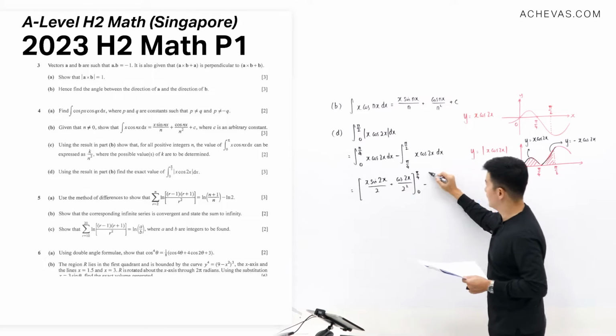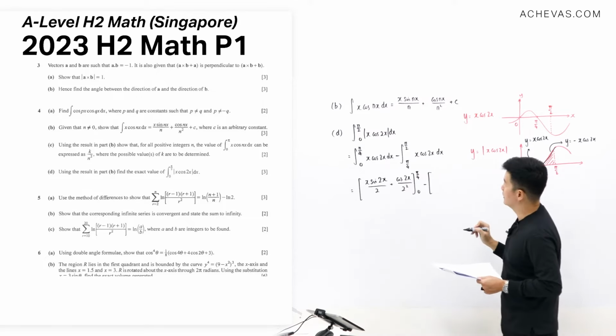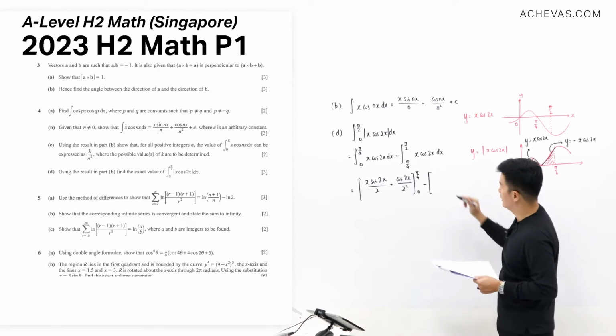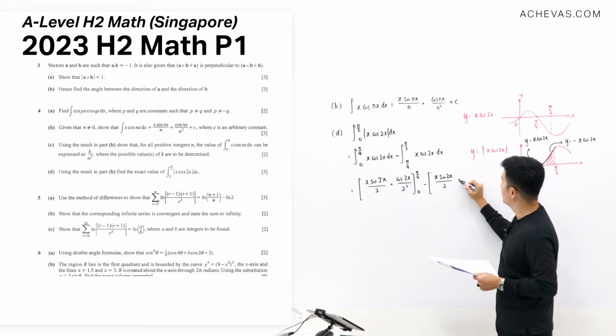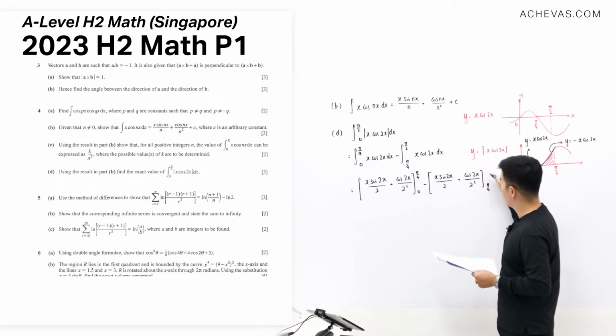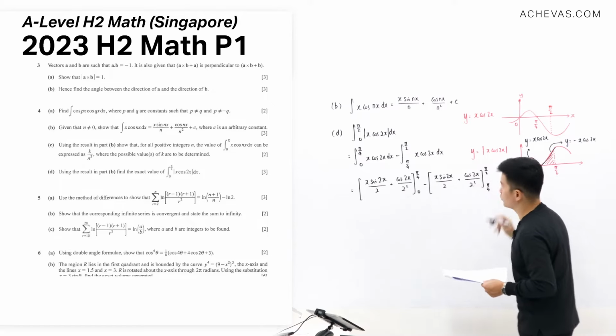Then minus this integral over here, and it is still going to be x sine 2x over 2 plus cosine 2x over 2 squared, from pi over 4 all the way until pi over 2.